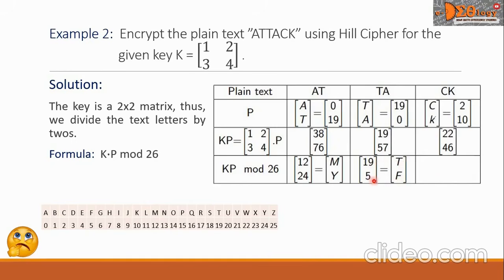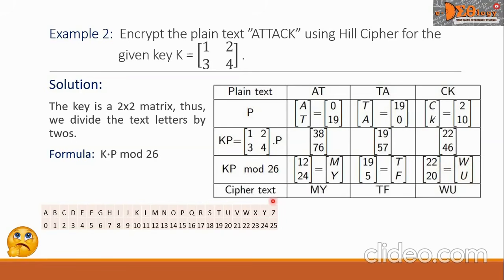Then the KP mod 26 for this 22, 46 matrix. We write here 22 mod 26 equals 22, 46 mod 26 equals 20. These numbers 22 and 20 we will write as column matrix. Then we return the alphabet value for the numbers respectively. The letter W for 22 and letter U for 20.